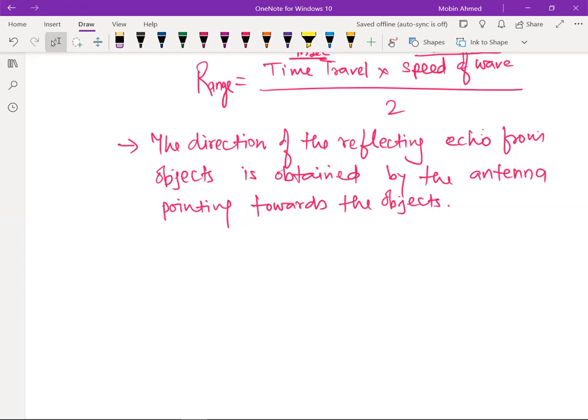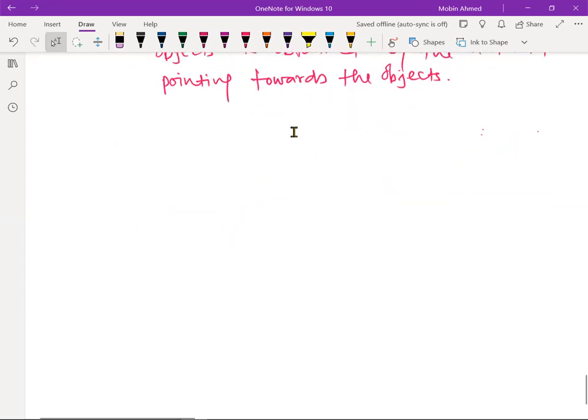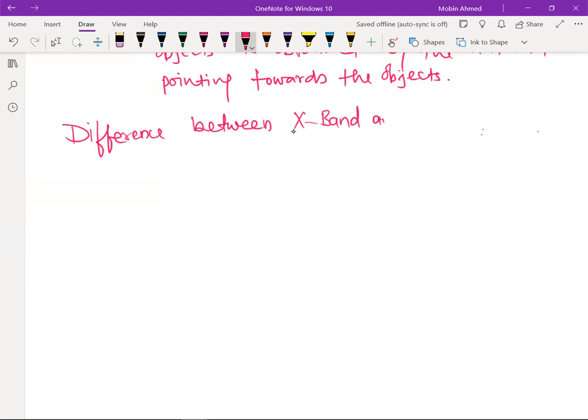Now we'll go straight away to the difference between X band and S band radar. This is the question that has been asked many times. Difference between X band and S band radar.